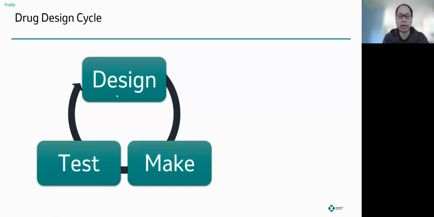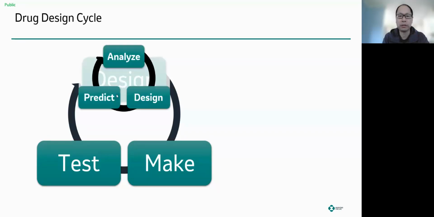So in the drug design cycle, many of you are probably familiar with design. You design the molecule, then you make the molecule, and then you test the molecule. And based on that data, you design your next round. In lead optimization, we go through this many, many times.